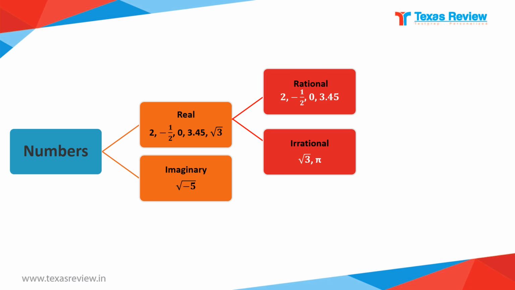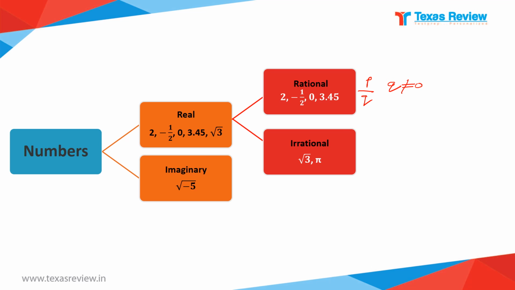What is a rational number? Any number that can be written in the form P by Q, where Q is not equal to 0, is a rational number. Any number that cannot be expressed in the form P by Q is called irrational.